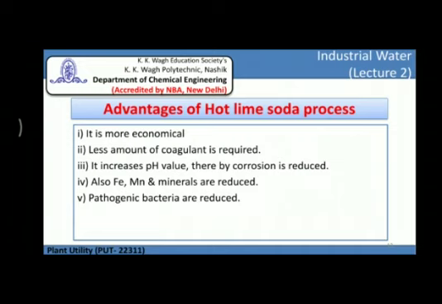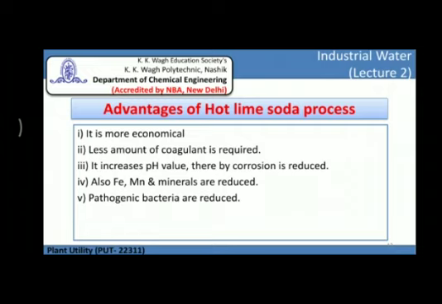Now we'll see the advantages of this hot lime soda process. This hot lime soda process is more economical. It requires a smaller amount of coagulant. It increases the pH value, thereby corrosion is reduced. Because we know that in acidic condition the corrosion is more, but in this process the pH value is increased, meaning the water becomes alkaline, so the corrosion is reduced.